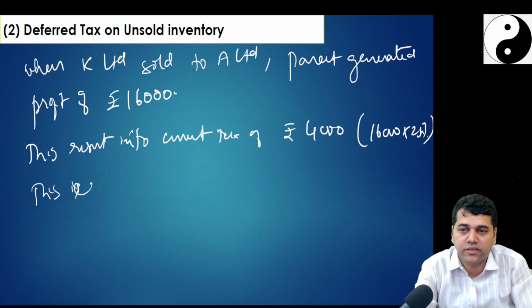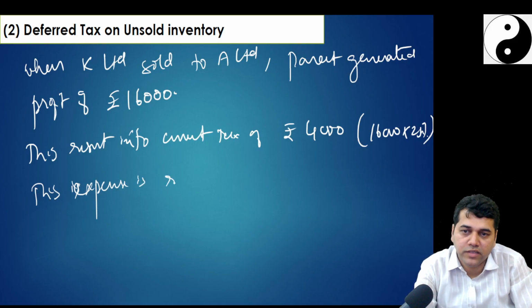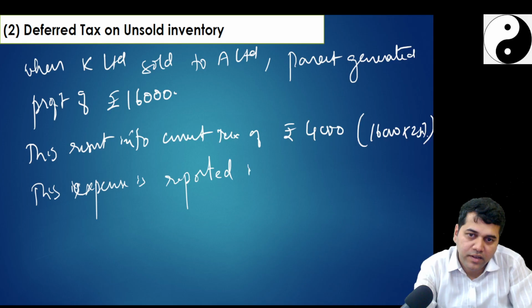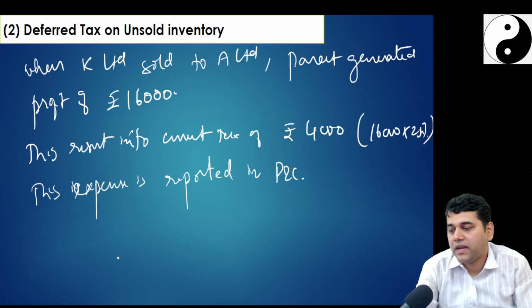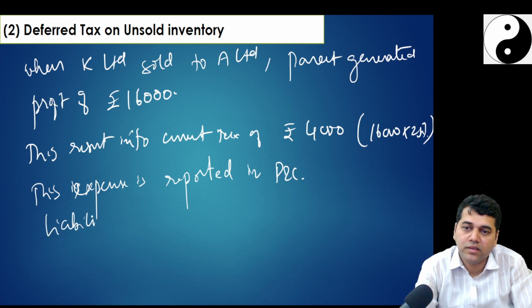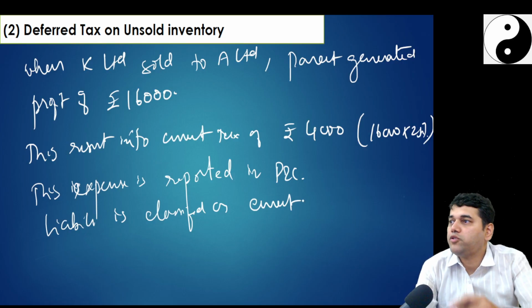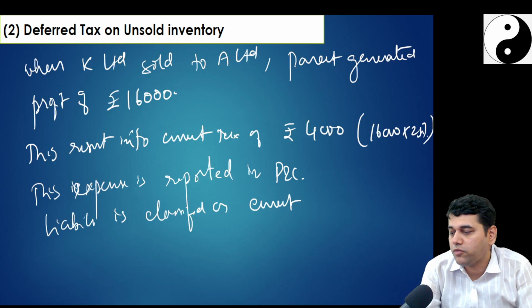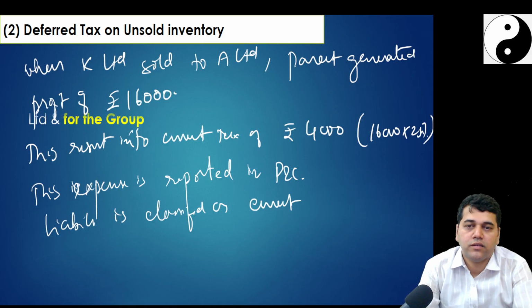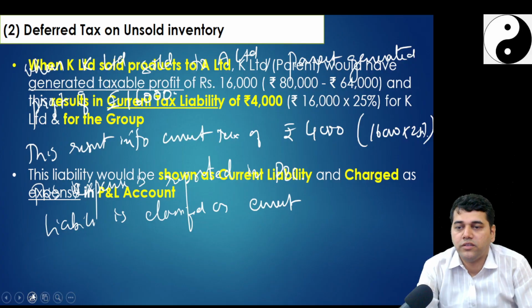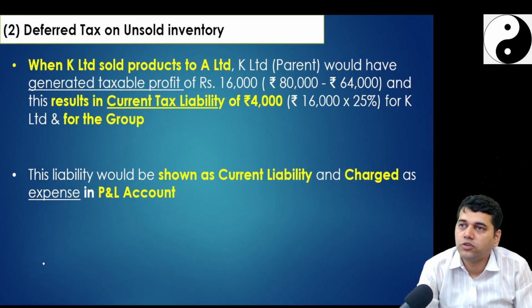This expense is reported in P&L. And how do you categorize this liability? It is classified as current, because you have to settle it within six months or so. That's it, done. So we told a story that, look, this is my current tax expense, and I will show it as a current tax liability.